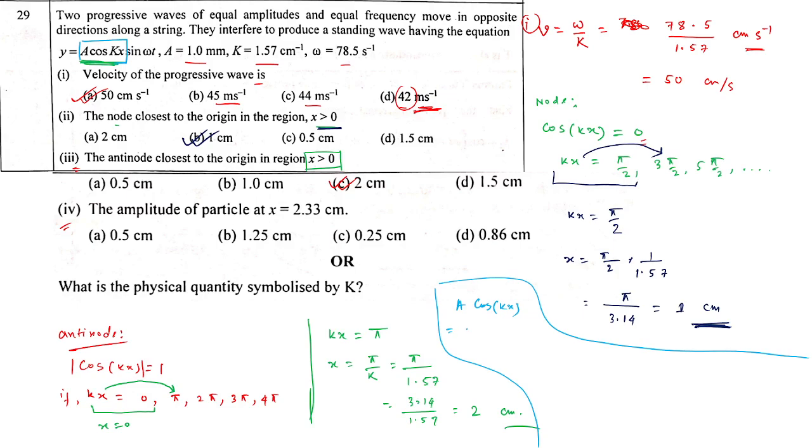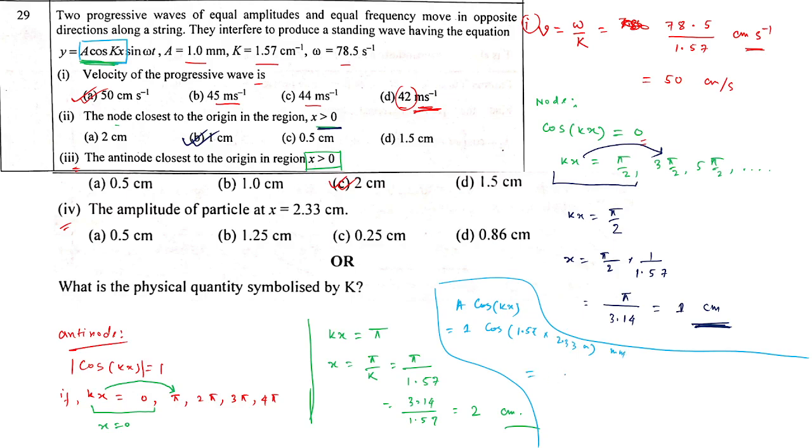The value of A is 1 millimeter, so 1 cos kx. The value of k is given, 1.57, and the value of x is also given, 2.33 centimeter. The unit is millimeter.